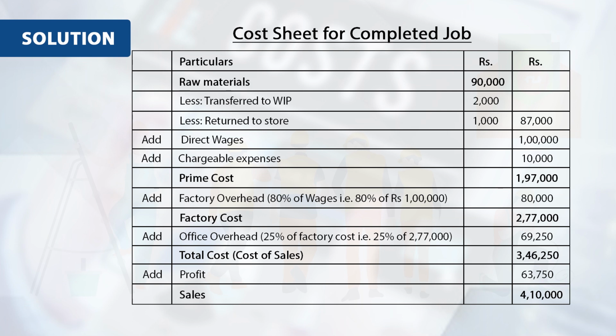Amount is 69,250, giving total cost or cost of sales as rupees 3,46,250. In total cost, add profit 63,750 and our sales value given is rupees 4,10,000.